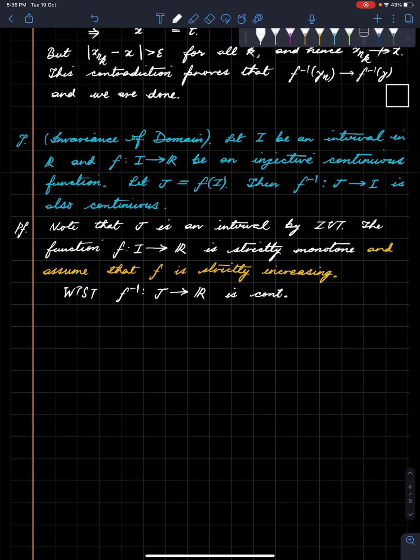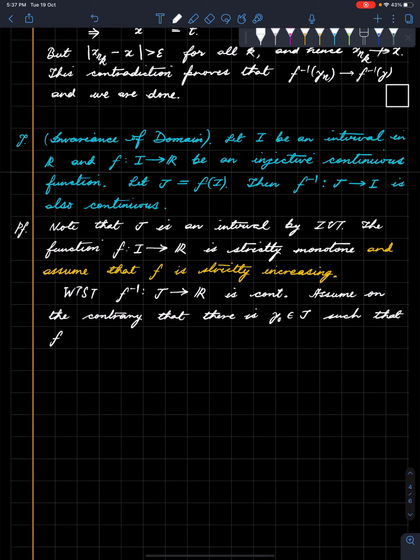Assume on the contrary that there is a point y0 in J such that f inverse is discontinuous.